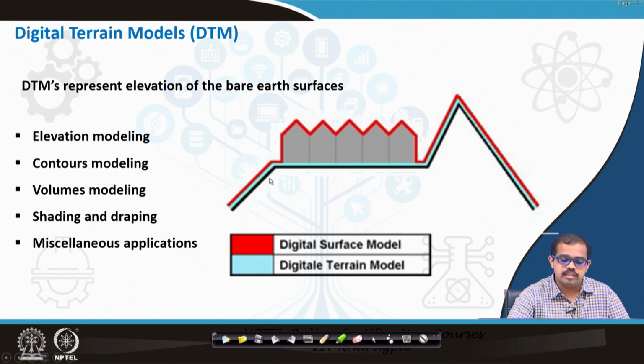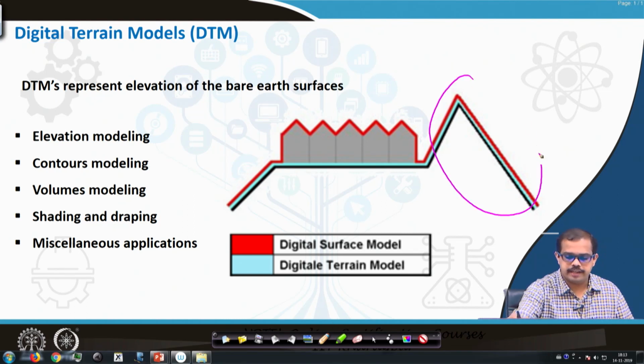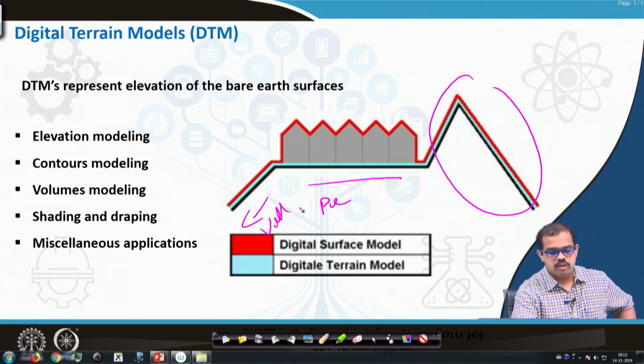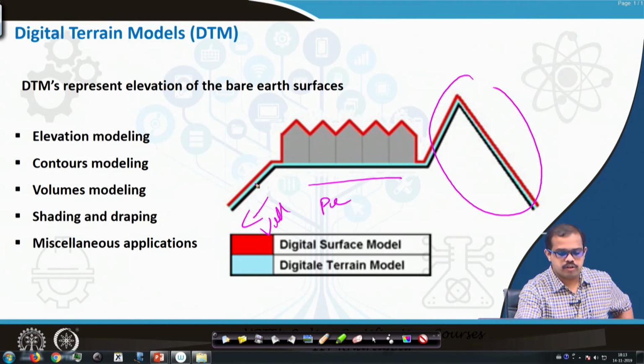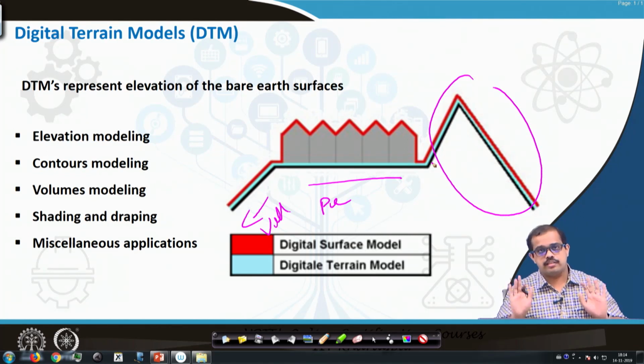Okay. So, now this is a valley, this is a hill and this is a plain area. If I mark it here, this is a hilly area, this is a plain area, and this is the valley. Now, follow this blue line, that is representing the terrain of the earth's surface. Without human interference, whatever terrain of the earth's surface is there, that is exactly the digital terrain model.